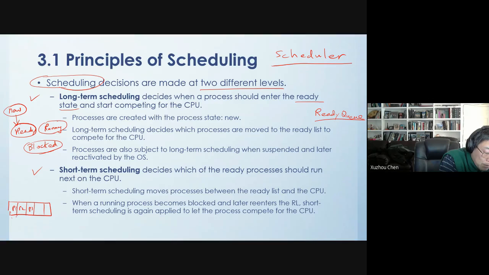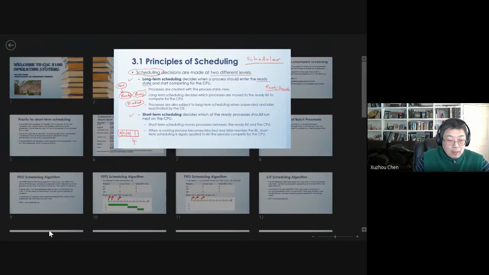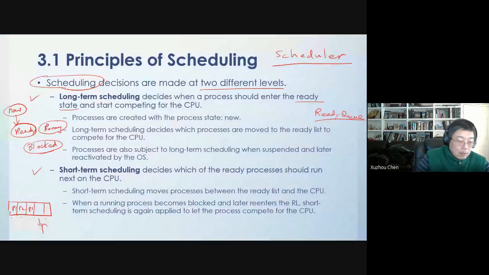Which contains all the processes that are fighting for the CPU.